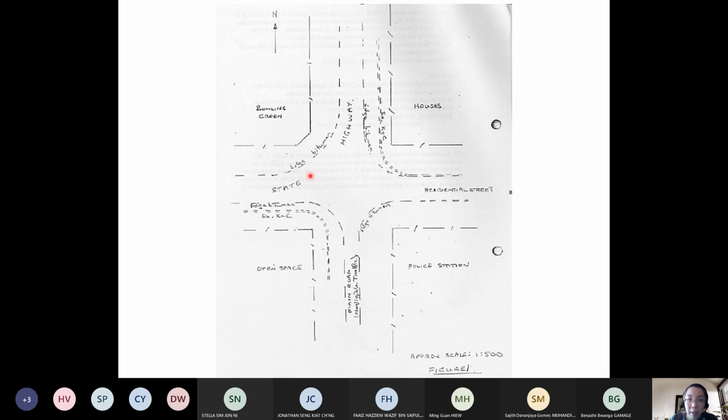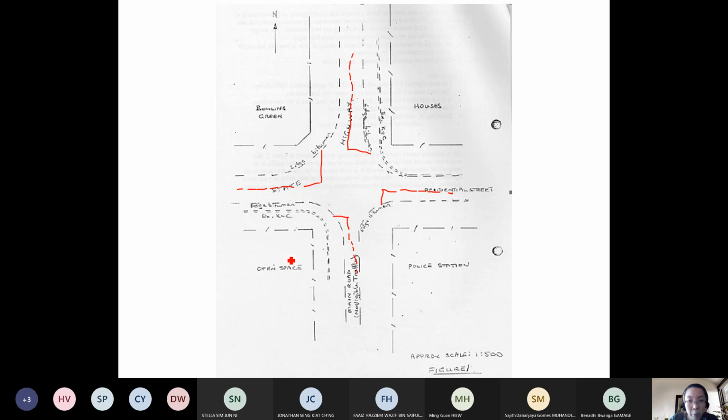Currently you don't see any line marking. I can put a very simple one. I can just put like this, and this one as well. So there's a stop line here, there's a stop line here, and there's a stop line here.